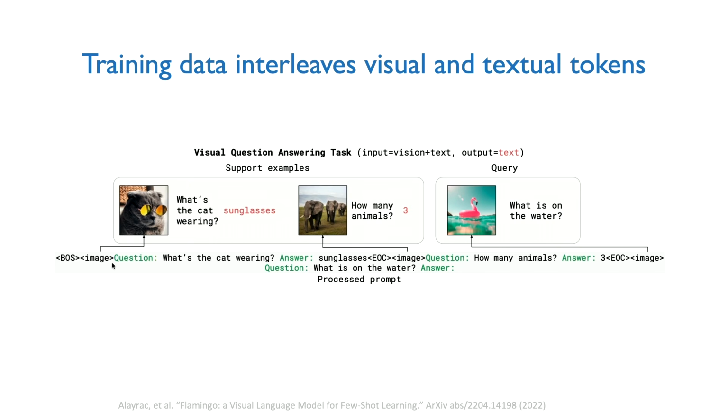You have the beginning of sentence, an image, some text where it has a question and an answer, and an end of chunk token. And then they have three of these. And then the very thing that's left open is they don't have the answer for this. So the input is this combination of vision plus text, and the output is text.